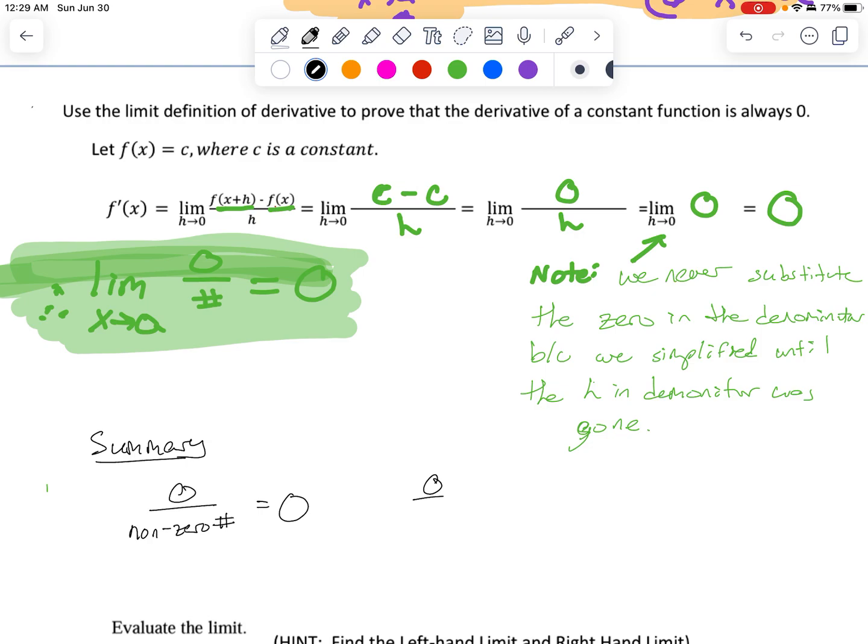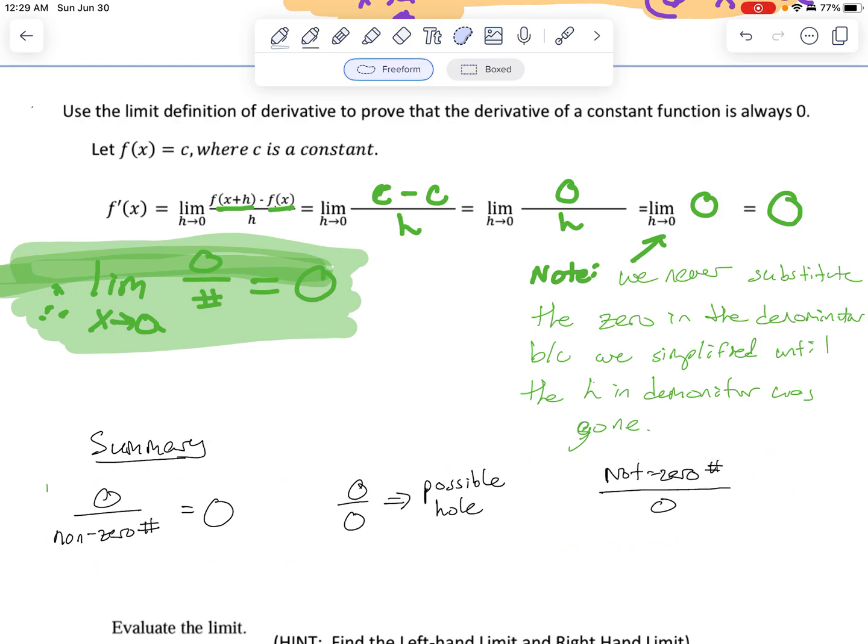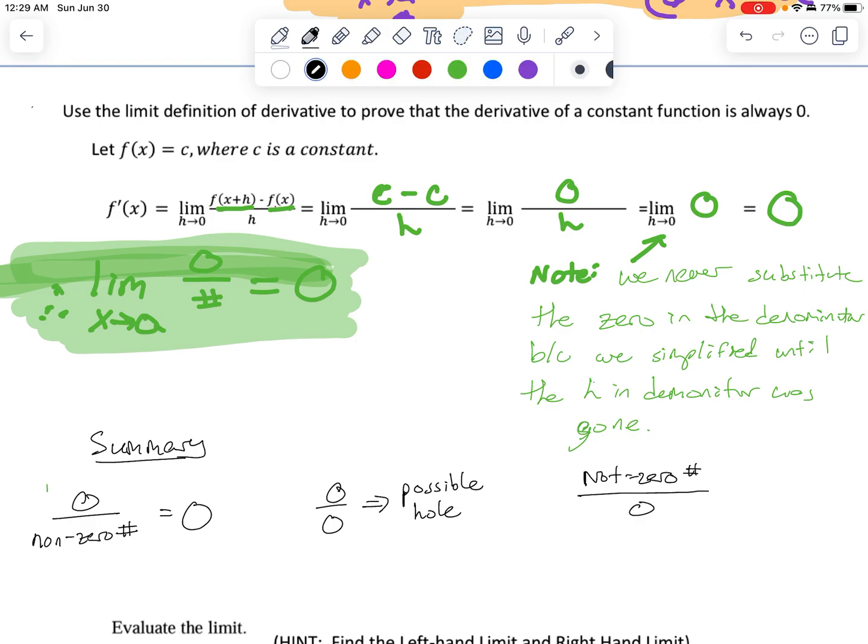If I try to take a limit and I get 0 over 0, that tells me I have possibly, and most likely, a hole. It definitely means I have two factors that can cancel and I can simplify. And if I have any non-zero number over a 0, that tells me I have a vertical asymptote at x equals a.